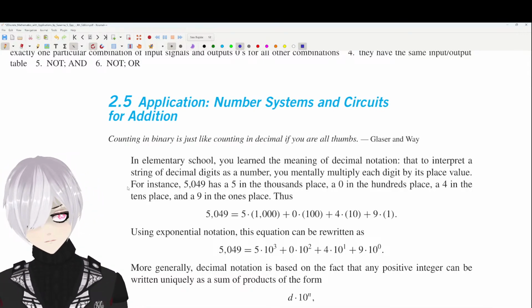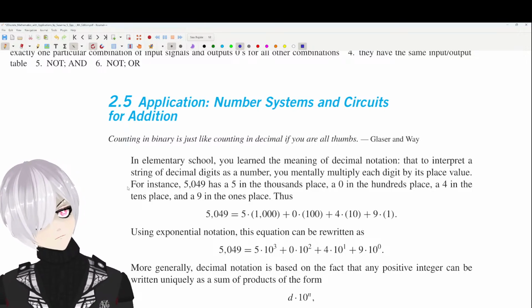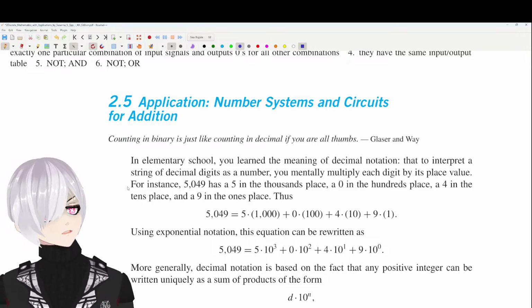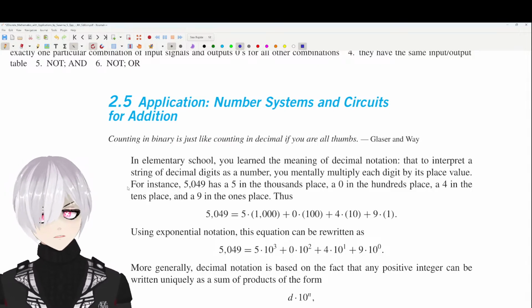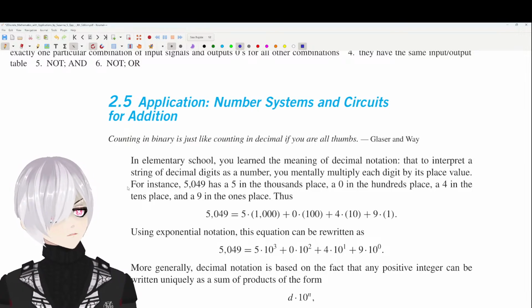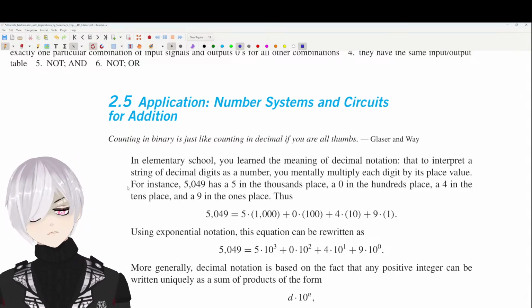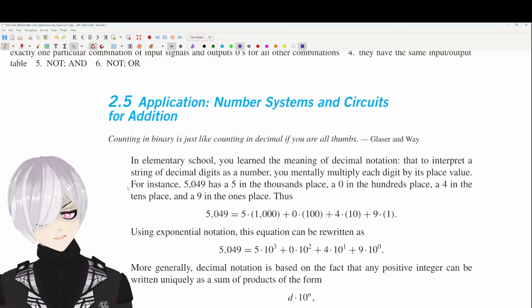For instance, 5049 has a 5 in the thousands place, a 0 in the hundreds place, a 4 in the tens place, 9 in the ones place. Thus, 5049 equals 5 times 1,000 plus 0 times 100 plus 4 times 10 plus 9 times 1. Using exponential notation, this equation can be written as 5049 equals 5 times 10 to the third plus 0 times 10 to the second plus 4 times 10 to the first plus 9 times 10 to the 0th.